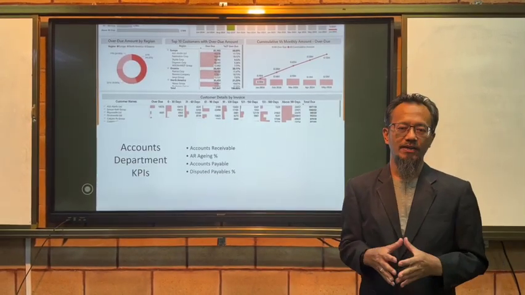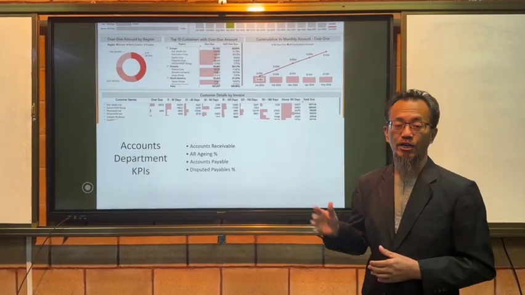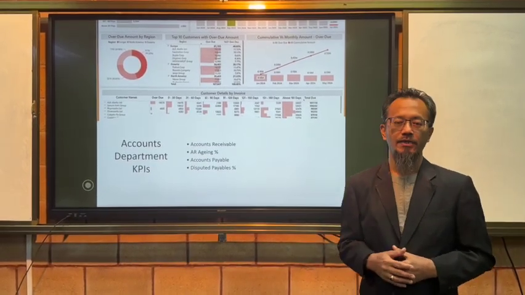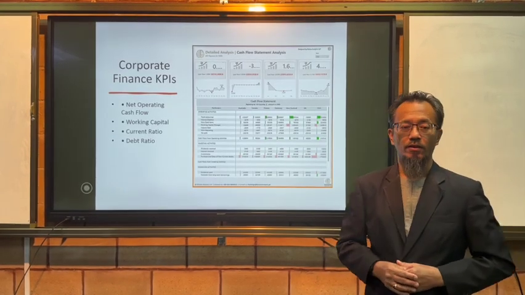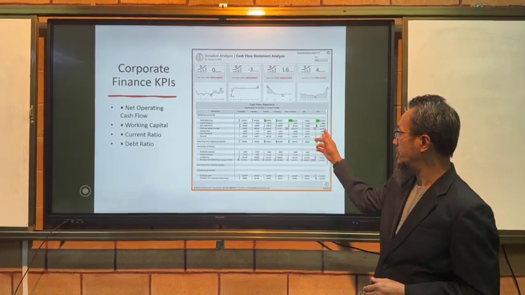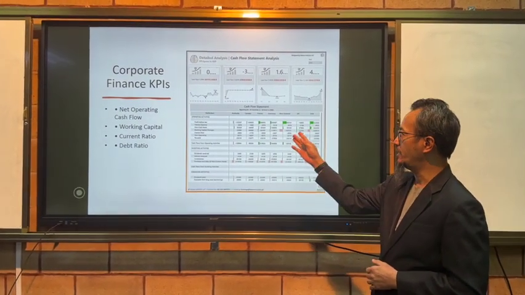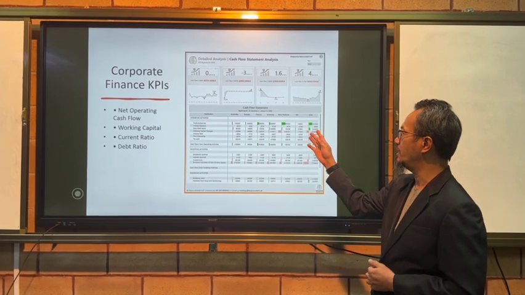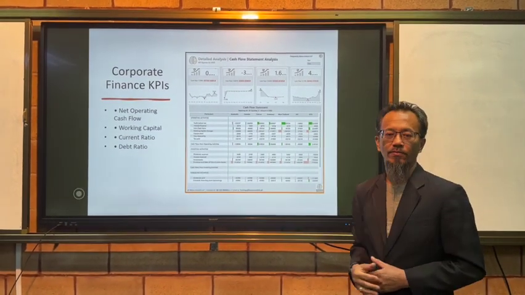The accounts department KPIs should be measured by accounts receivable, AR aging, accounts payable, and disputed payables. Drilling deeper into the cash flow statement, this table breaks down our activities by region: Australia, Canada, France, Germany, New Zealand, the United Kingdom, and the United States.